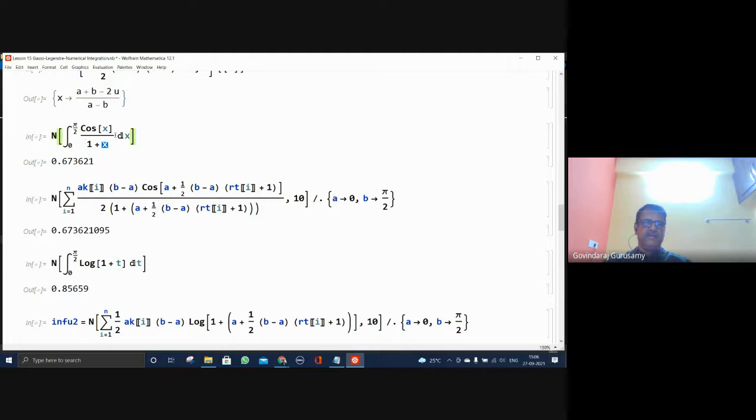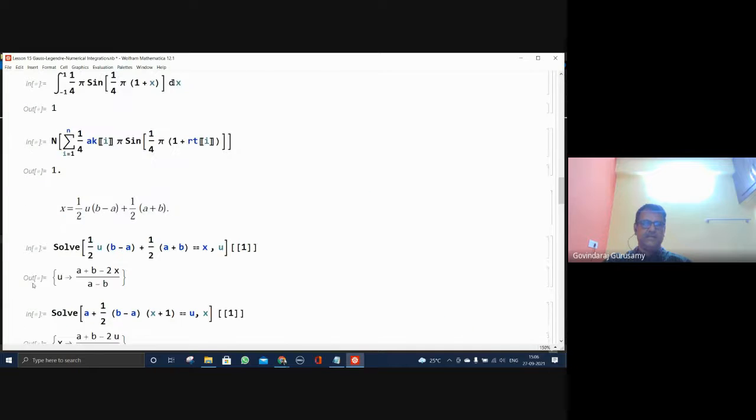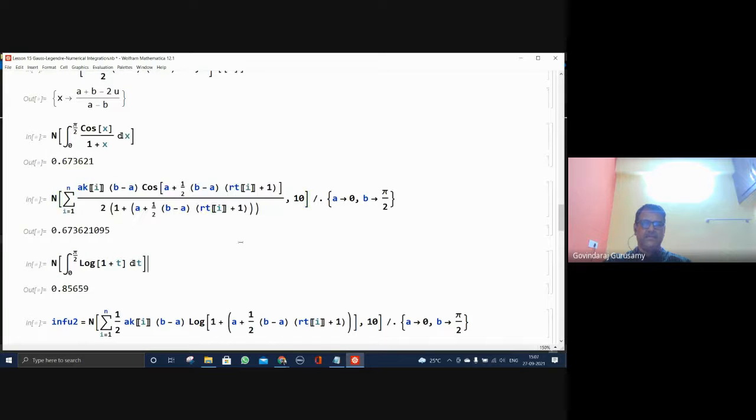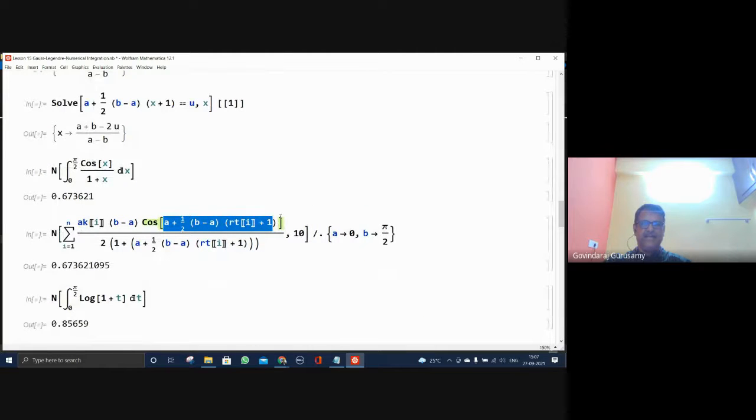For this integrand with the limits -1 to +1, you don't have to struggle, because it is taken care of automatically by substituting a and b as 0 and b, since this substitution converts the limits into -1 to +1. This has been retained in the functions with the changes accommodated, because I am replacing x by this.